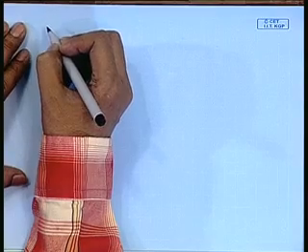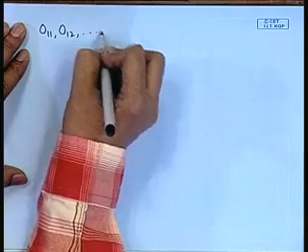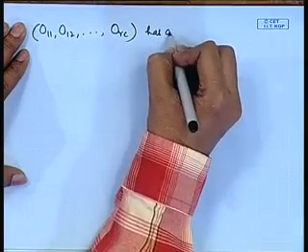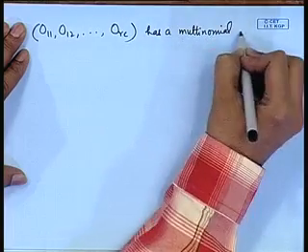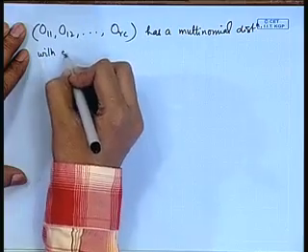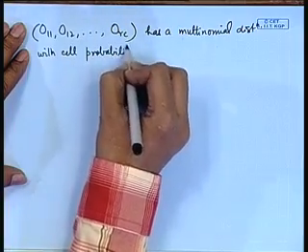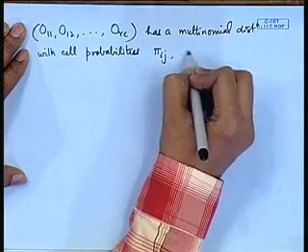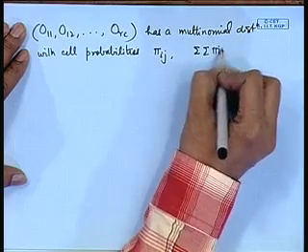So, if we write down O11, O12 and so on up to ORC, this has a multinomial distribution with cell probabilities pi ij, with sigma of pi ij equal to 1.